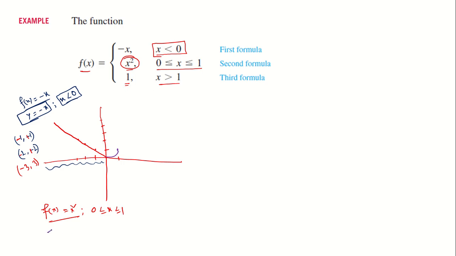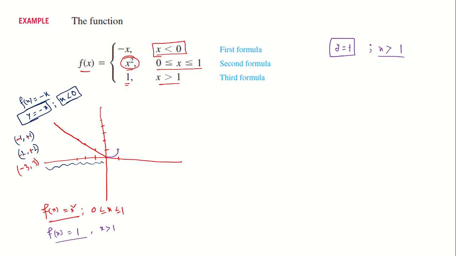And the third one, y equals 1. That means we will have a straight line, y equals 1, and the domain is x greater than 1.